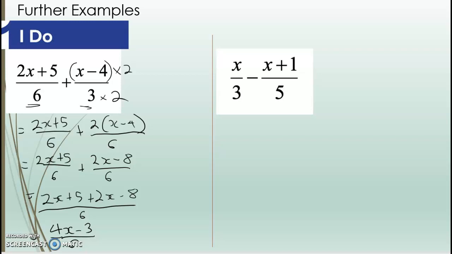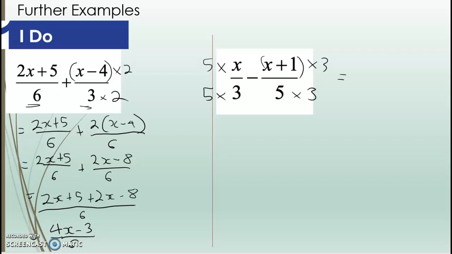On the right hand side, I've got x over 3 minus x plus 1 over 5. The first number that both 3 and 5 go into is 15. So to get from 3 to 15, I'm going to multiply by 5. On the right hand side, I've got to times by 3 on the top and the bottom to get to 15.